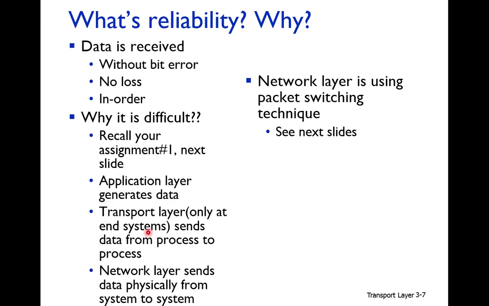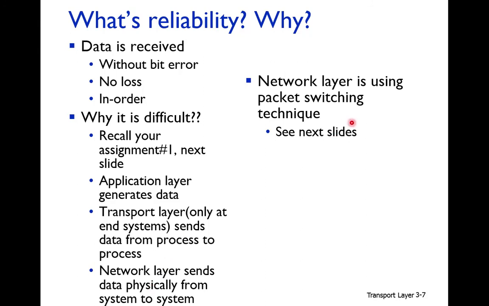It doesn't move the data physically. It gives the data to the network layer, and the network layer then sends data physically from system to system. The network layer is like a post service that takes the letter from one university and physically delivers it to another university registrar.